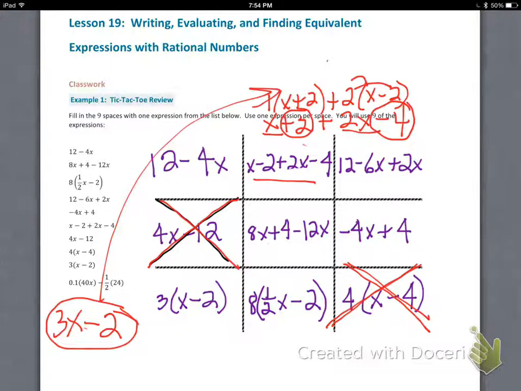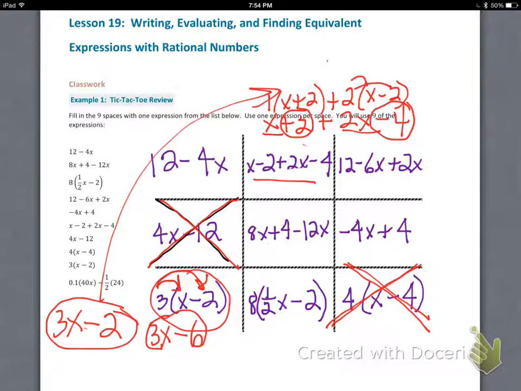The location of parentheses is so vitally important, and you can see it right here illustrated in this example. Because if I went ahead and distributed this one out, 3 times x is going to give me 3x, but then 3 times negative 2 is going to give me negative 6. So, in fact, this expression here is actually equivalent to 3x minus 6.